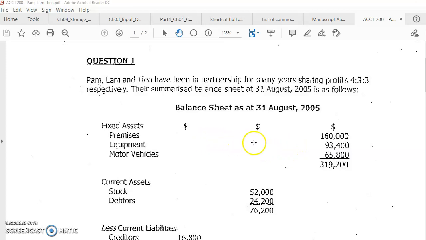We also spoke about the fact that companies can take over other companies as well, and we looked at the accounting entries when it came to partnerships being taken over by a company. We stated that you will follow the accounting entries for dissolving a partnership when looking at the takeover of a partnership by a company.